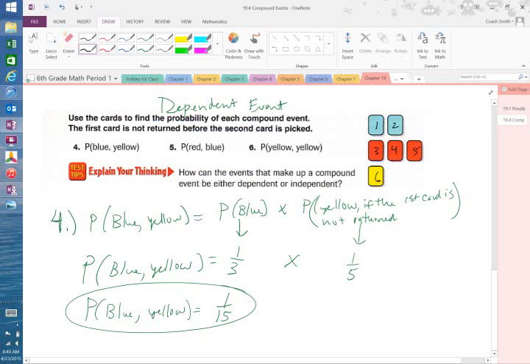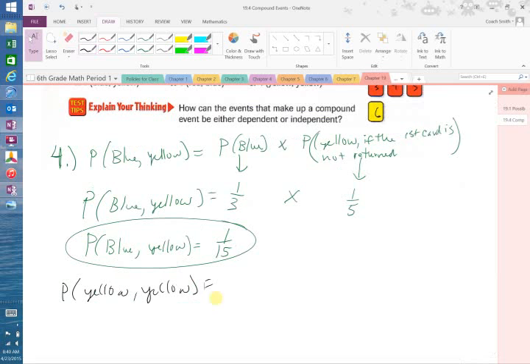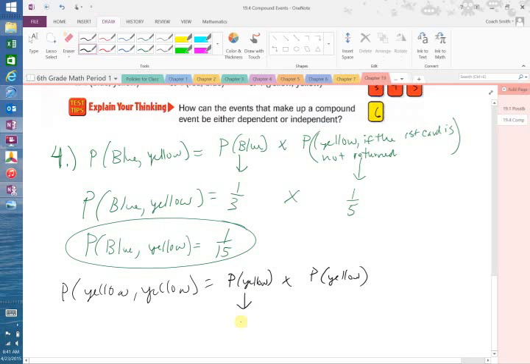Now number 6 says, what is the probability of yellow and yellow? Well, the probability of yellow, first of all, times the probability of yellow, second of all. So the probability of yellow in the first one is what? 1 over 6. Times, well, if I keep the yellow card, that means that card's no longer there.